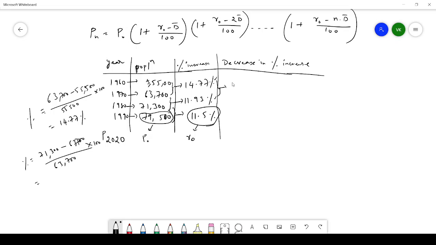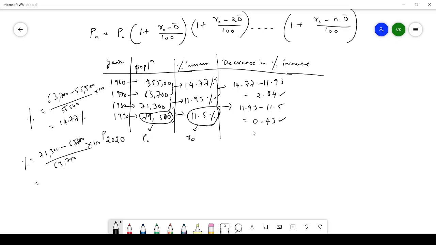So the decrease in percentage of increase in population is 14.77 percent minus 11.93 percent. You're going to get 2.84. Similarly, between these two, the percentage decrease is 11.93 minus 11.5. The percentage decrease is very small, 0.43.